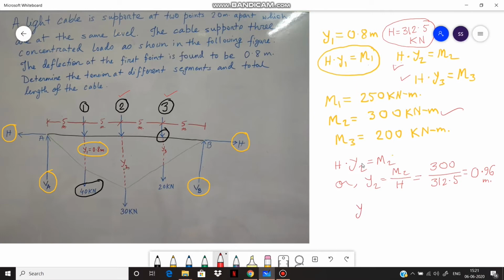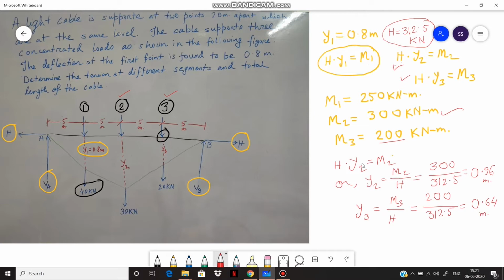Same, we get the deflection at point 3 under load 20 kilonewton. We get m3 by H. m3 we have this, that is 200 kilonewton meter divided by H, that is 312.5. We have 0.64 meter.